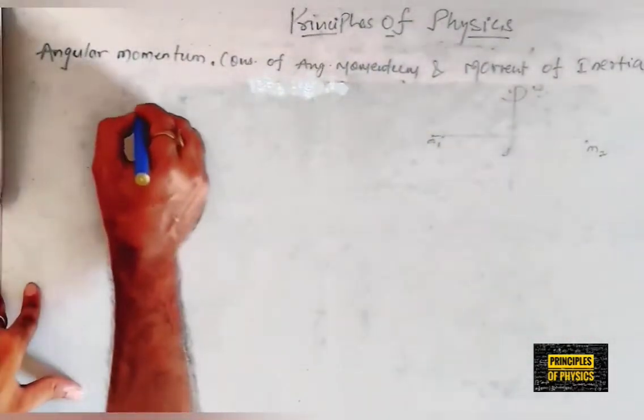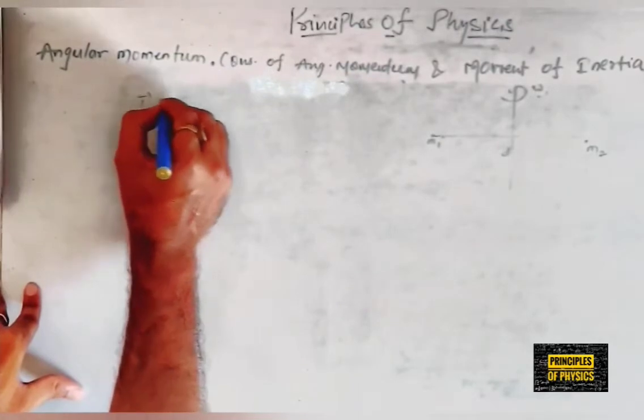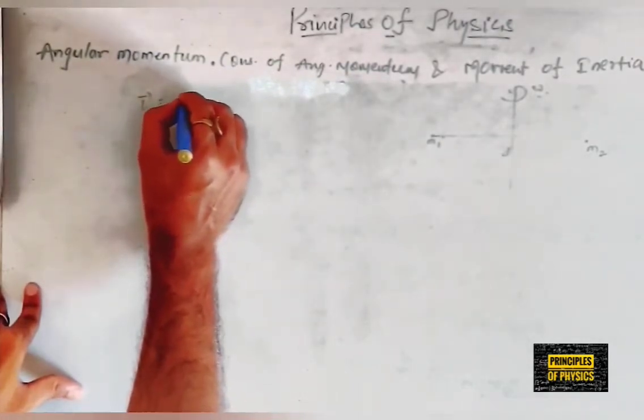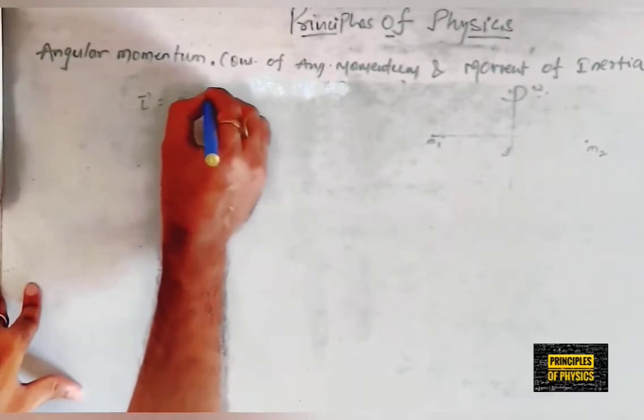We know by formula that angular momentum is r cross p.